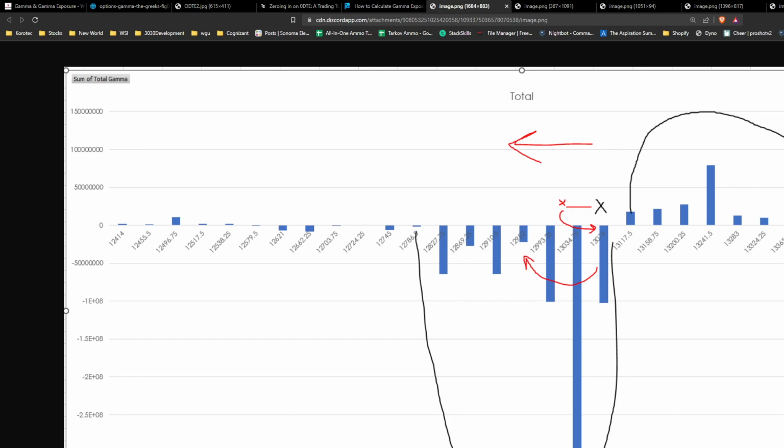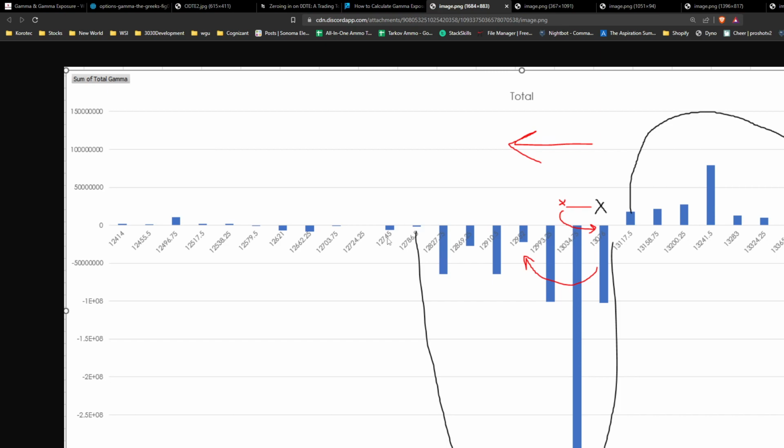Typically less than 1% of the days move more than 500 points in any one direction. So you're typically just trying to get a bell curve around the denser gamma areas, right? For instance, the negative gamma here, I put the edge of the bell curve.